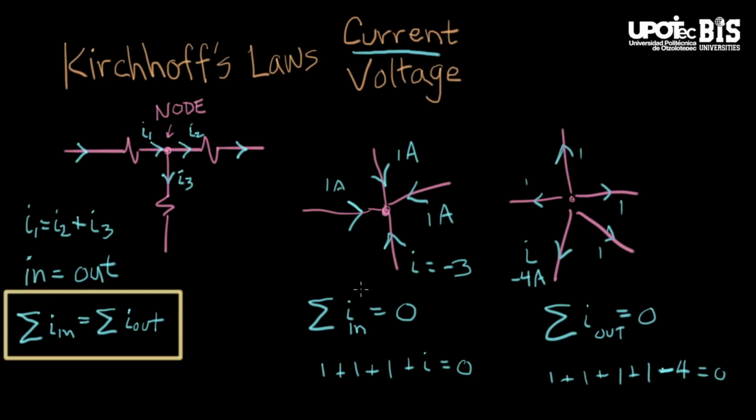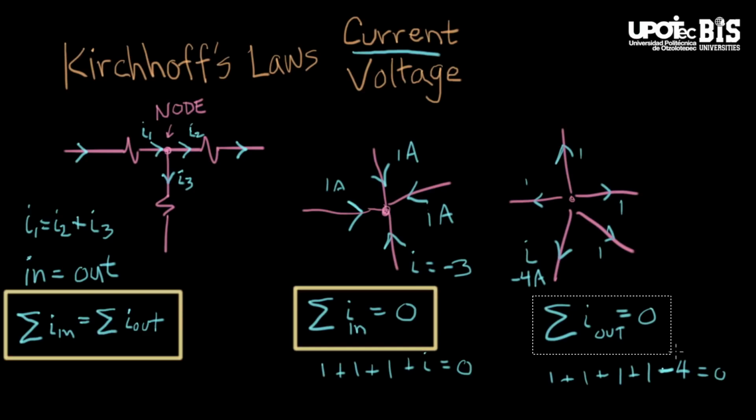Some of them may turn out to be negative, but that's another way to write Kirchhoff's current law. And in the same way, if we define all the currents going out, you actually have your choice of any of these three. This is Kirchhoff's current law, and we'll use this all the time when we do circuit analysis.